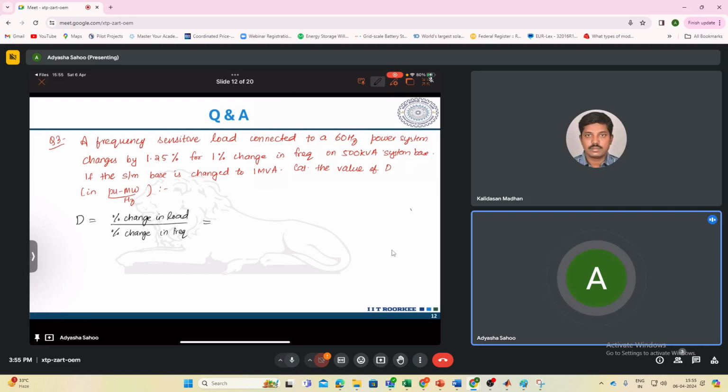Here it is written that there is 1.25% change in load for 1% change in frequency.